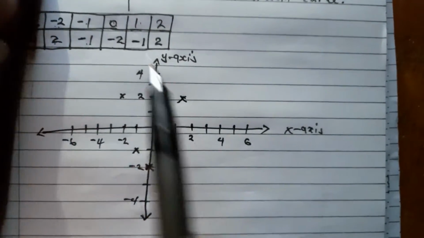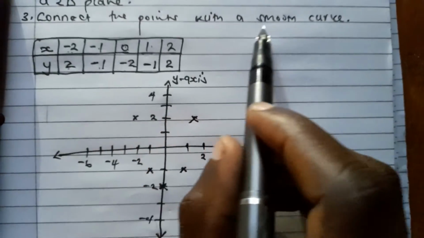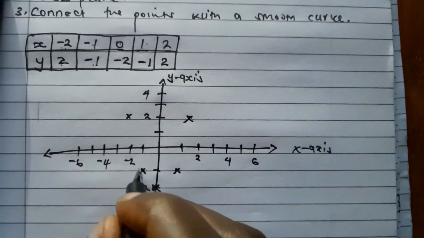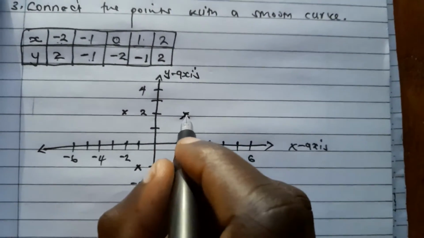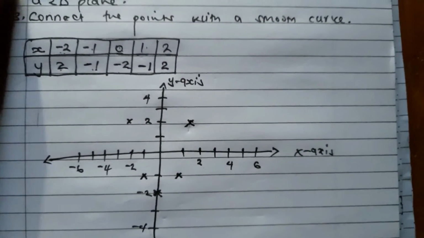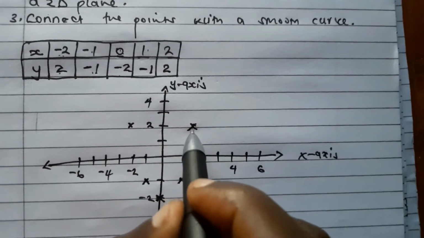So then I go to the last step, that is connecting the points with a smooth curve. Let me connect these points using a smooth curve. I hope to use a finer pen, but we'll just do it with this.